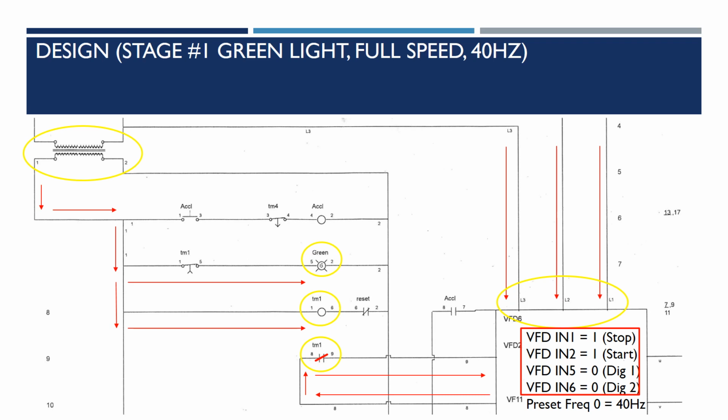After the 7-second timer on TM1 expires, the normally closed contact TM1 will now open, and this will shut off our green LED, thus completing this portion of the circuit.